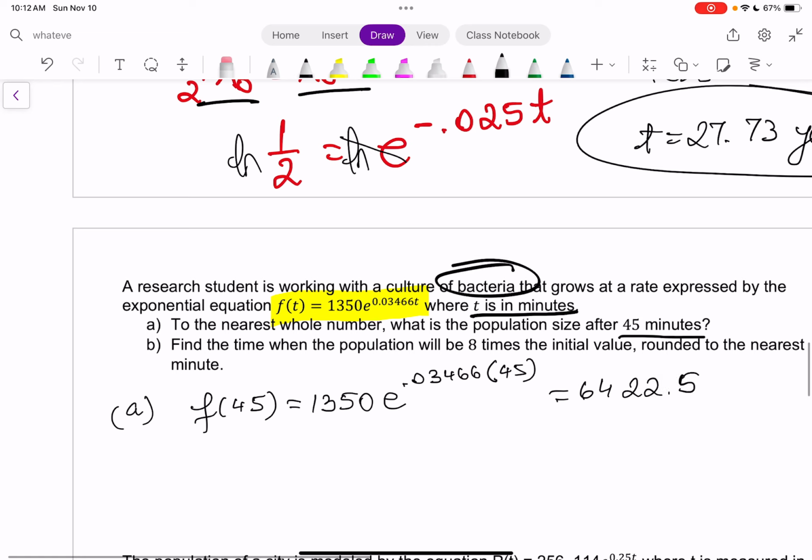And this is the amount of bacteria. Okay, that's how much we have.